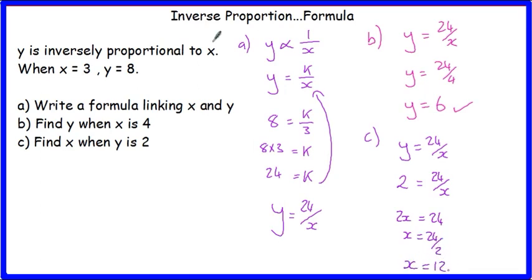Now, there is no sign of a squared or a cubed here, so if that's the case, you could use this. You could go x, y, you could go 3, 8. And the last, from y is 2, I'll do this one first. From y is 2, that is divided by 4. So inverse proportion, you would multiply by 4 on that side, and you would get that answer. You ask for when x is 3.